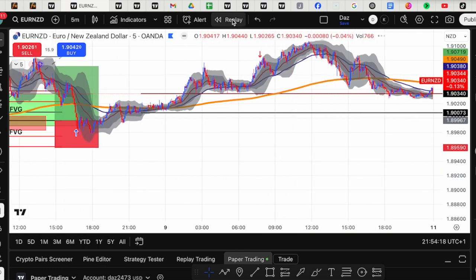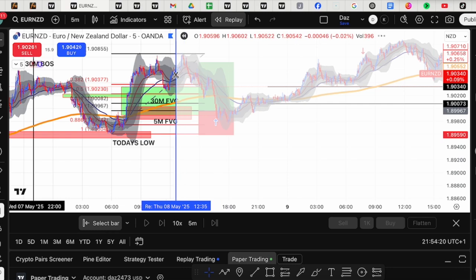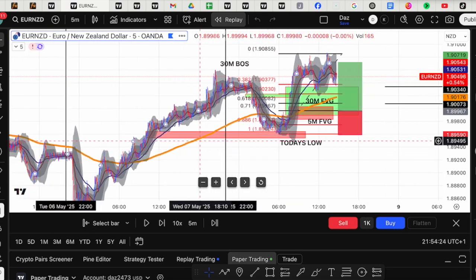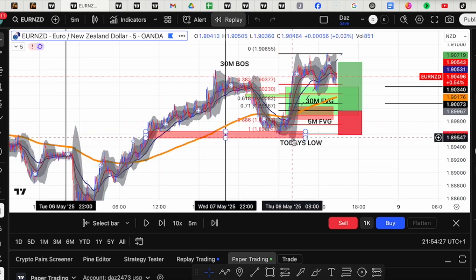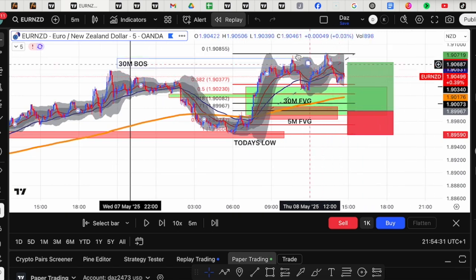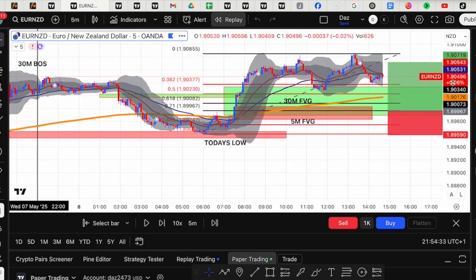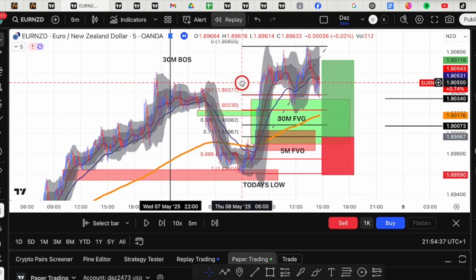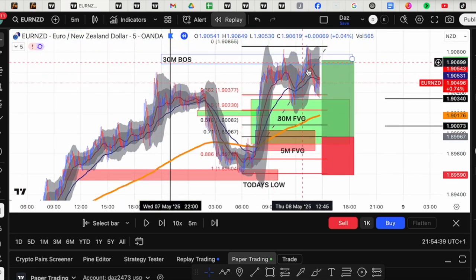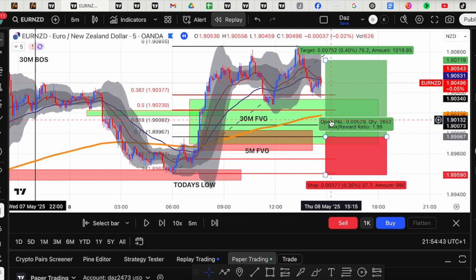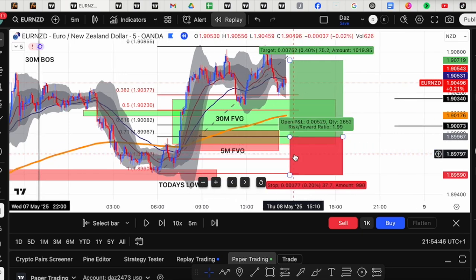So I would have come to the charts probably here. Okay, bounced off this fair value gap here, pushed back up, broke structure again. Alright, and then I go, well, let me put my fibs out because it broke structure here. Broke structure here, and pulled back down again. This is a 30 minute fair value gap, and I've got a 5 minute fair value gap as well.